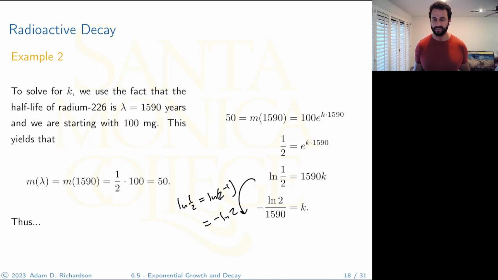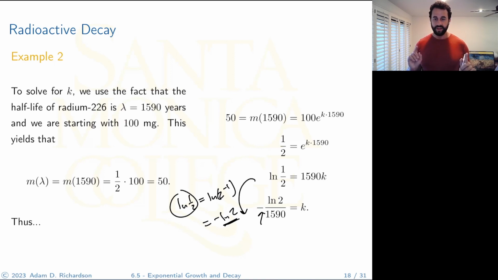It's not really a trick, it's just the law of logs, but rather than doing the natural log of 1/2, we can write it as negative natural log of 2. And that's kind of handy because now you can really see that k is a negative number, which means that it's representing decay instead of growth. So you'll see that a few times on the homework in this lecture, so I wanted to point it out explicitly.